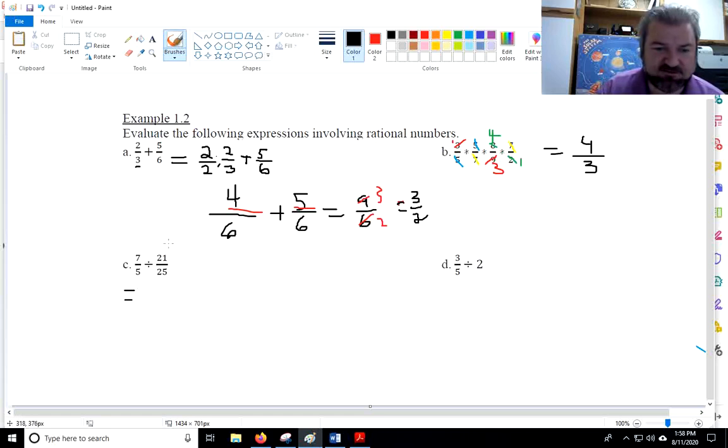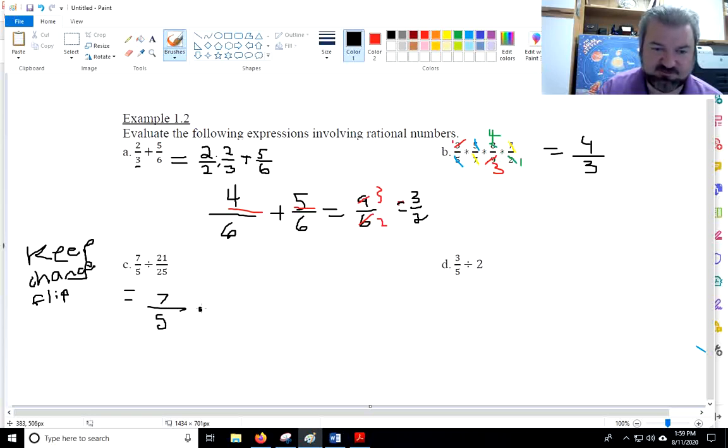7/5 divided by 21/25. Well, we're going to do keep, change, flip. Keep the first number the same. Change the divide to multiply. Flip the second fraction. All right, keep 7/5.